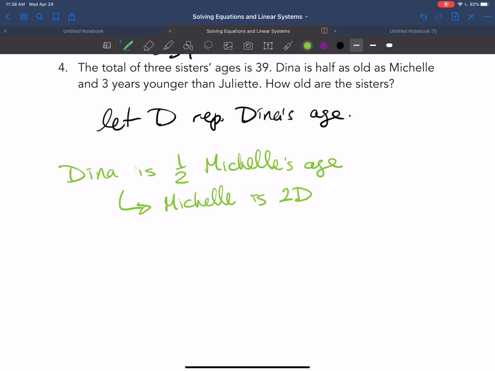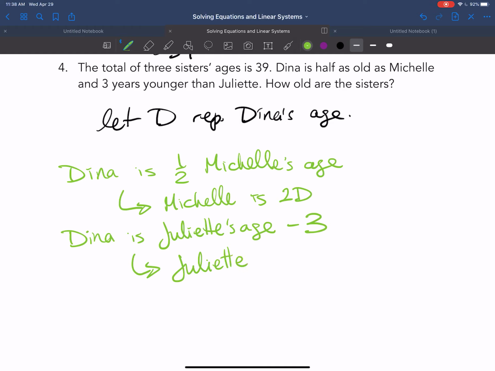You could also say, since the last thing says that Dina is 3 years younger than Juliet, so Dina is Juliet's age minus 3. Or we could express Juliet's age as Dina's age plus 3.